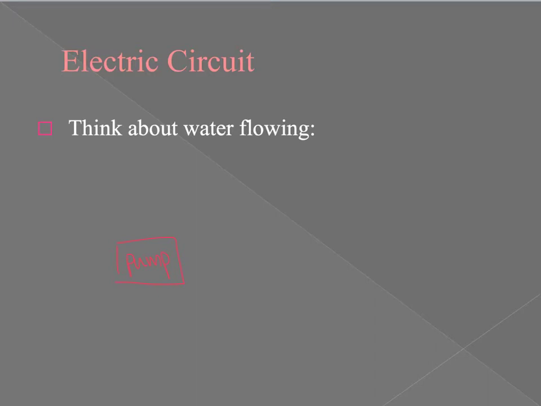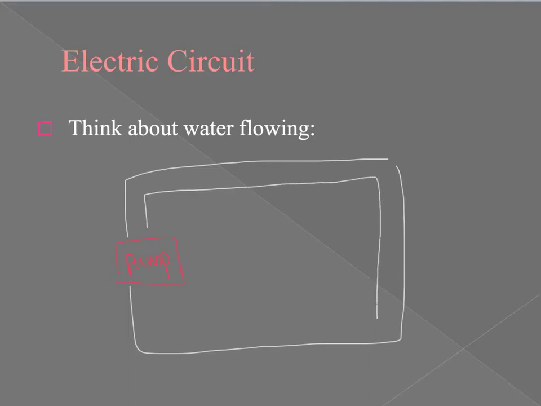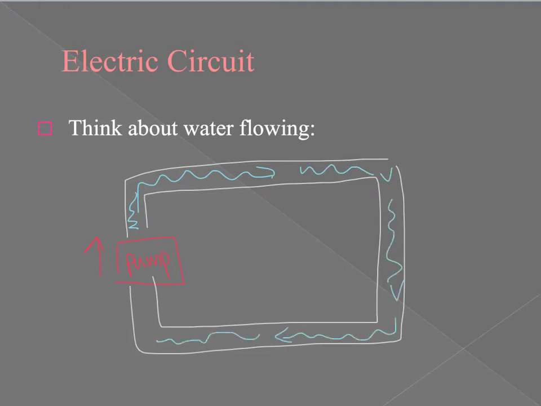So if we have some pipes for our water to flow in, here are our pipes. This pump is going to push the water around. So it's going to make the water flow all the way around the circle. And without the pump, it wouldn't flow, just like without a voltage source, our charges can't flow.